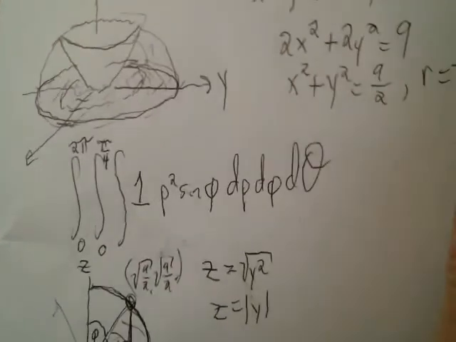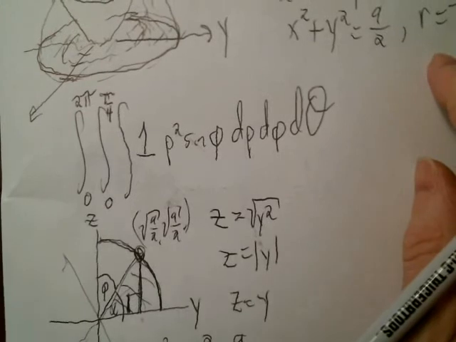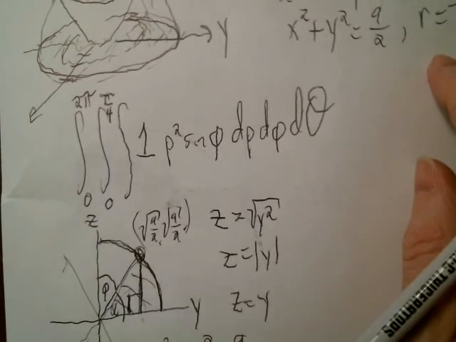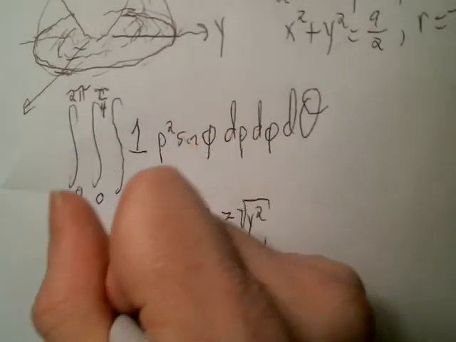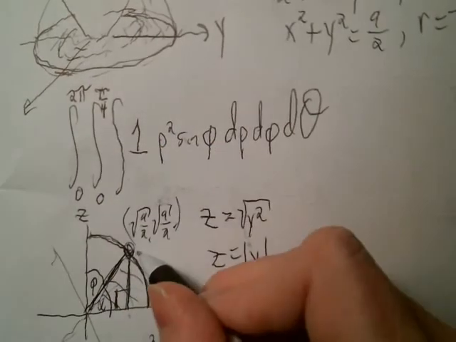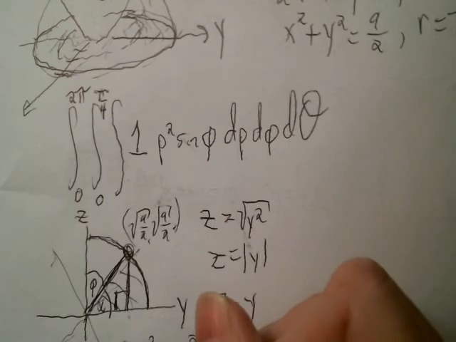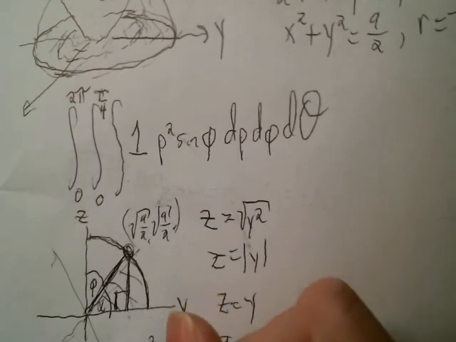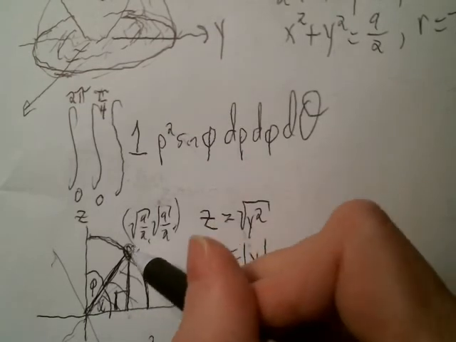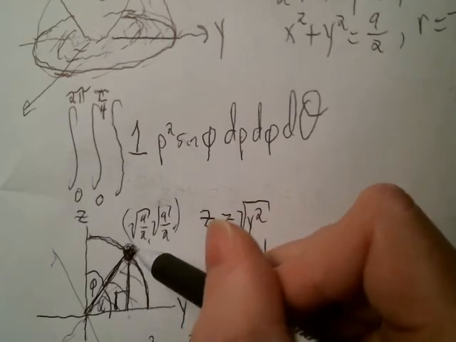Okay. Those are the easy ones. Now I need to get rho. Okay, so rho is this length right here. And so I want to go from rho equals 0 to rho equals whatever this distance is to this point right here.